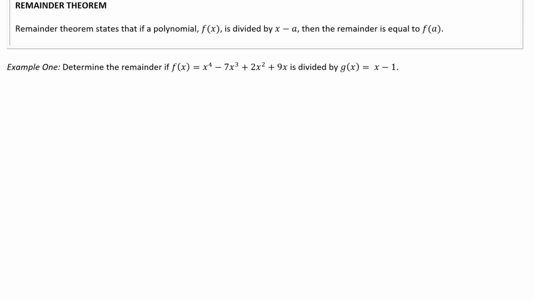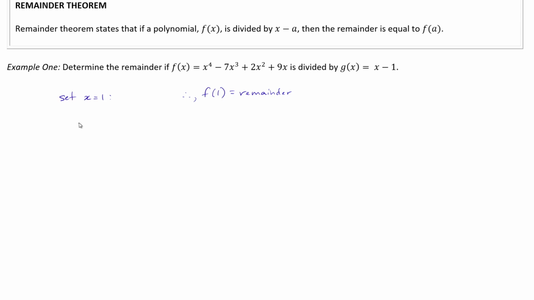In this case, this question asks us to determine the remainder, and they give you the function, and it is divided by that factor x minus 1. So I don't need to go ahead and do synthetic division for this, because using remainder theorem, if I evaluate at x equal to 1, I should be able to find my remainder. So I'm going to set x equal to 1, so that f at 1 should equal the remainder.